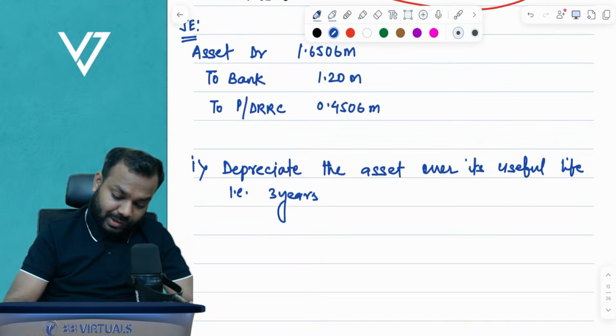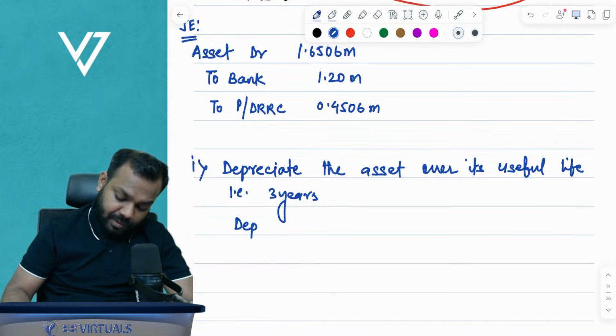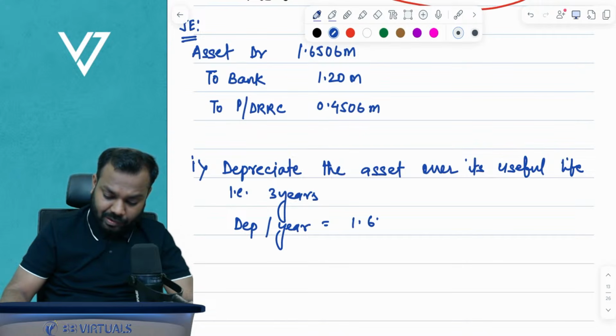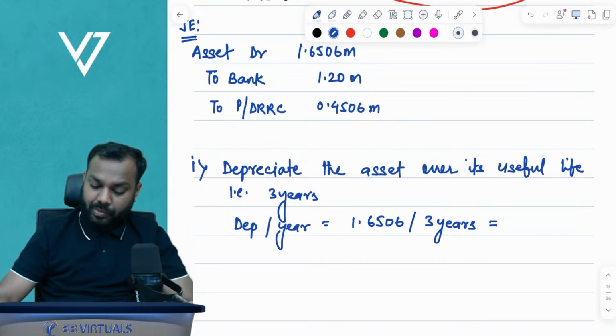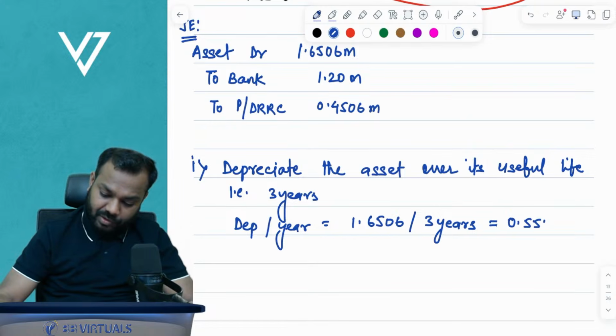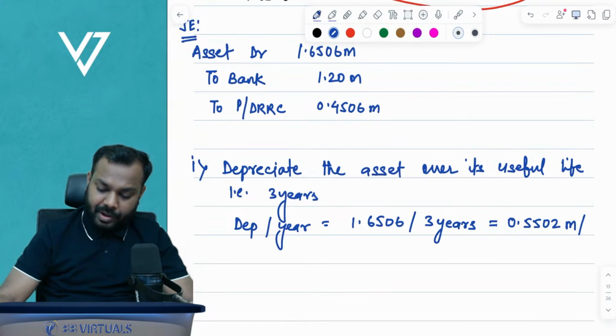Now, what is the depreciation per year? 1.6506 divided by 3 years is equal to 0.5502 million per year.